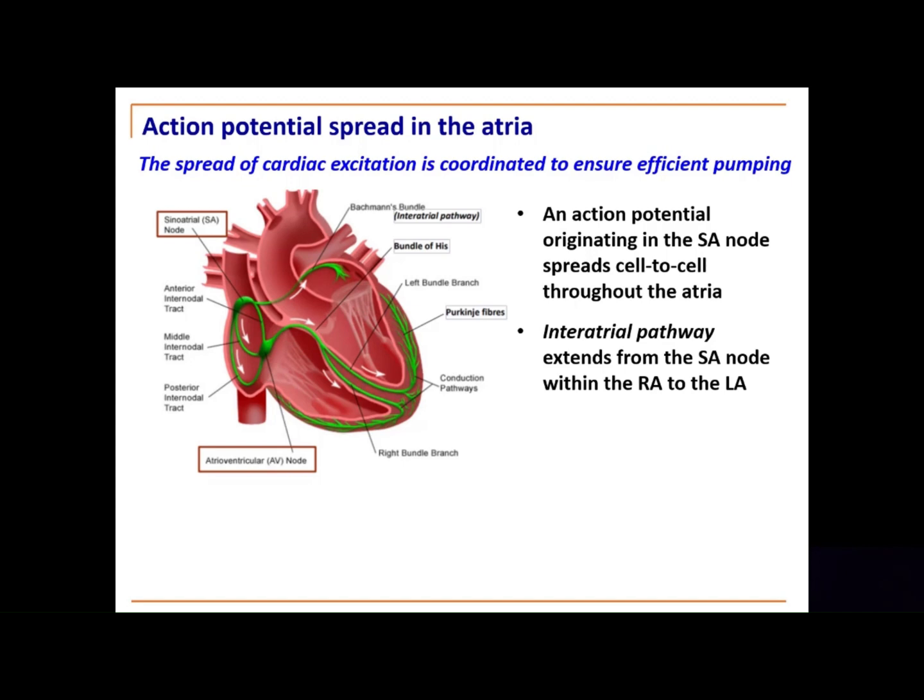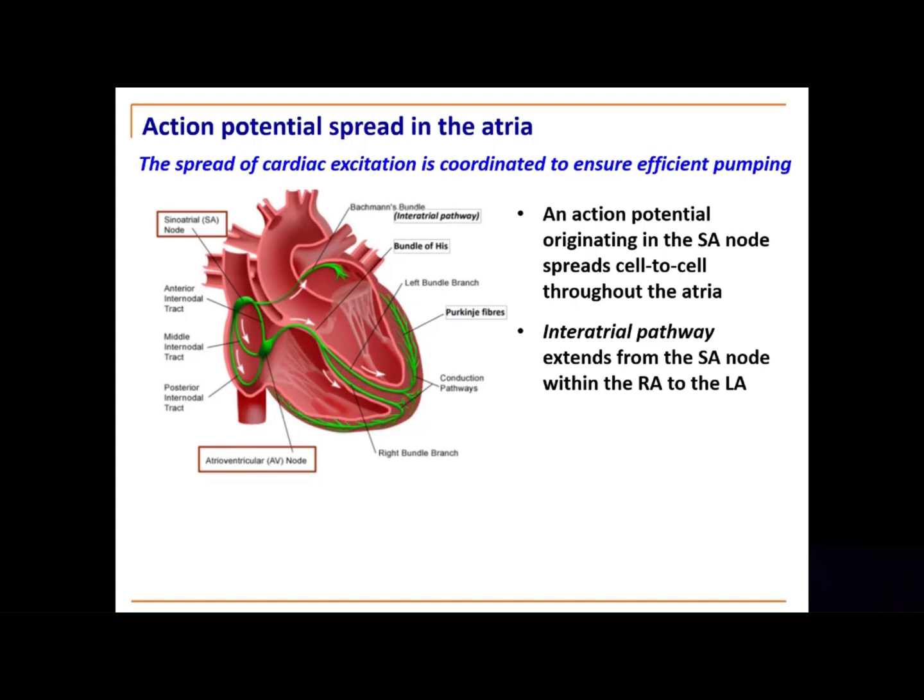This is called your interatrial pathway, extending from the SA node to the right atria and to the left atria. Because the atria are quite small, and that spread is about 0.5 meters per second through myocytes themselves, it ensures that a wave of excitation can spread across the left atria at the same time excitation is similarly spreading across and throughout the right atria.